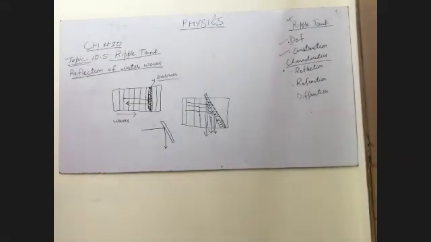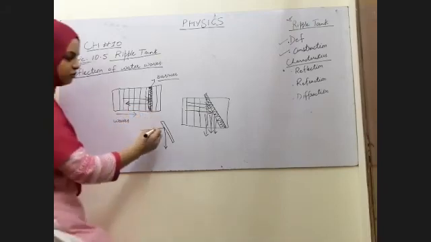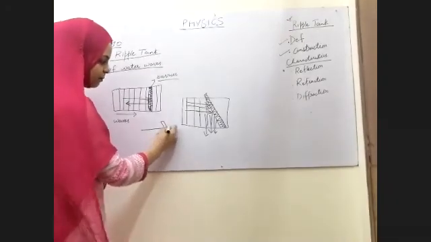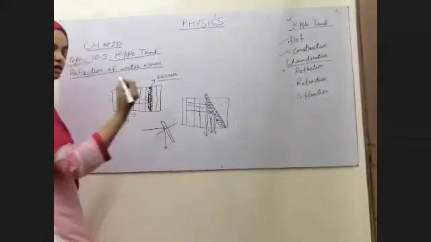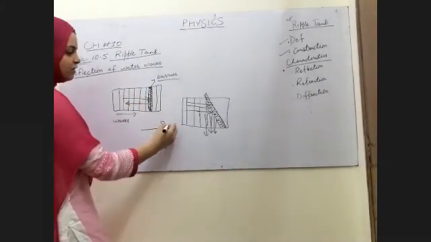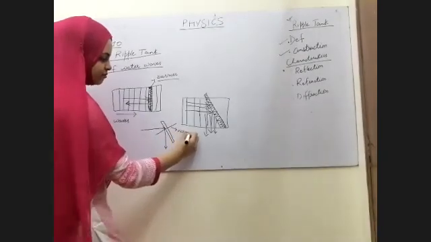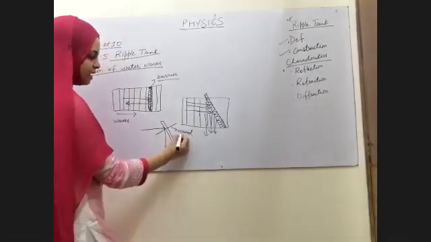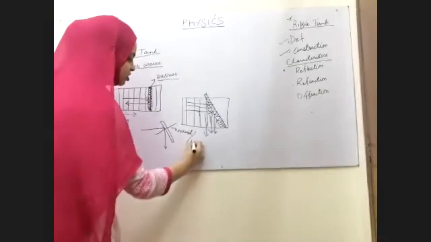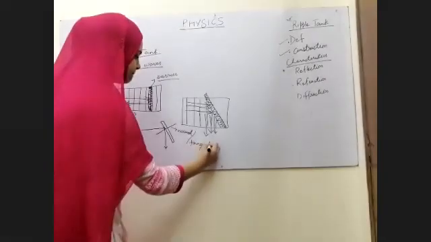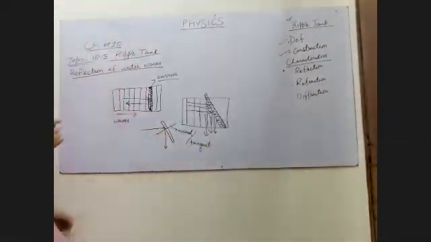If we want to find out the angle between these two waves, we have to draw a perpendicular, sorry, a normal line on the barrier, normal to the tangent line on the barrier.